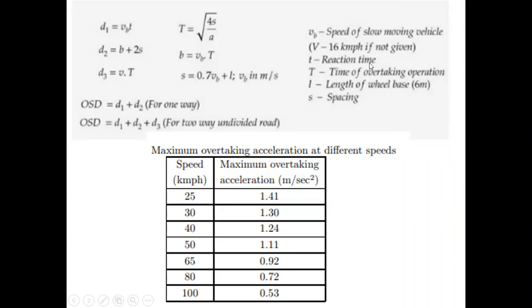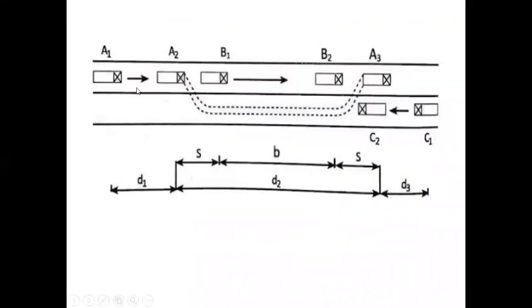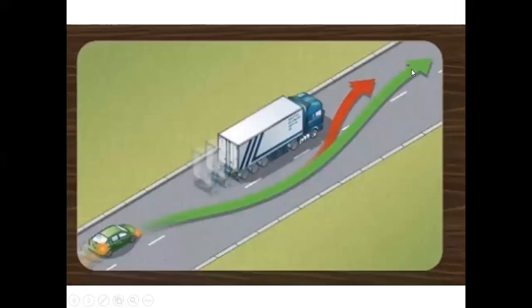Small t is the reaction time of the driver. This also we have discussed in detail. What is reaction time? We have learned the PIEV theory, right? Then capital T is the time of the overtaking operation, that is the time required for vehicle A to overtake vehicle B and come back to its original lane.